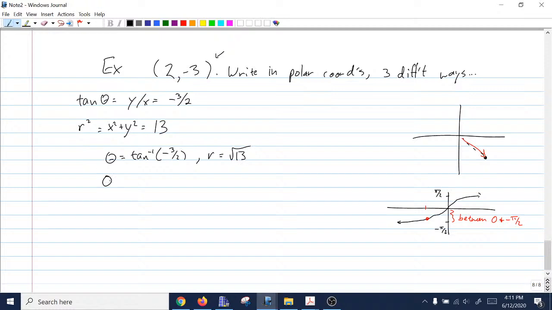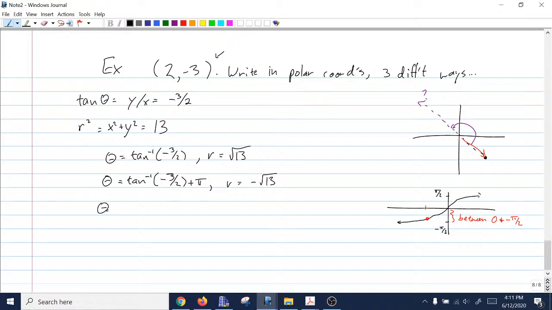I could take that angle and add pi to it. Here's a new theta value. So now I've taken it and swung it around here. If I want to use that angle, then I need to swap r with its negative. R is going to be negative root 13.